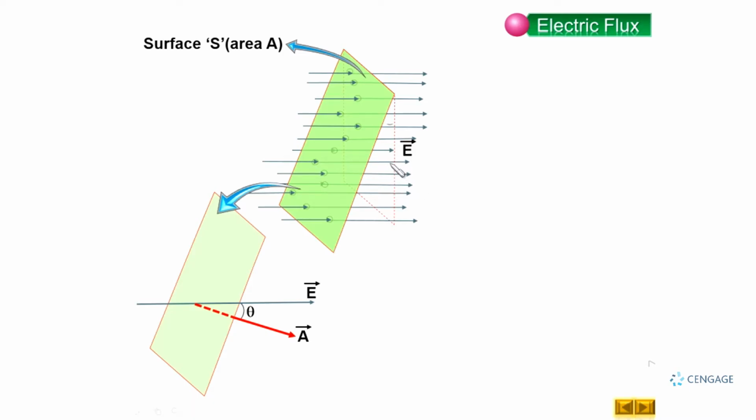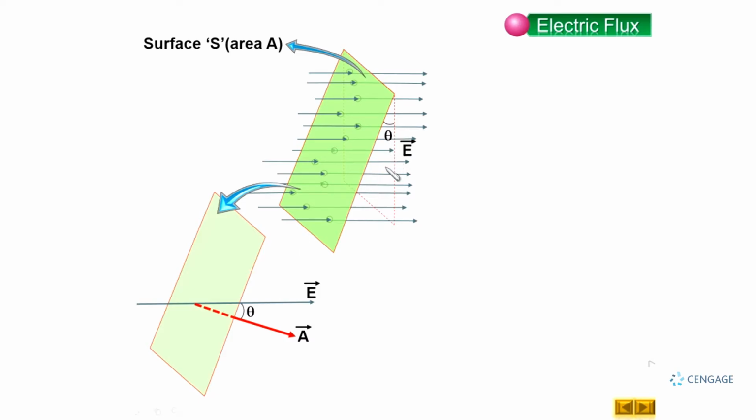You can observe this is the vertical projection. About this angle, let us discuss first. You can observe that the area vector makes angle theta with the horizontal, and the area vector and surface are both perpendicular. That means the surface should make angle theta with the vertical. That's why we have written this angle as theta.